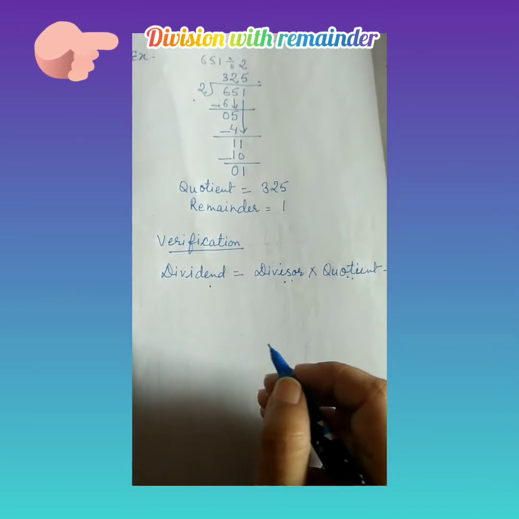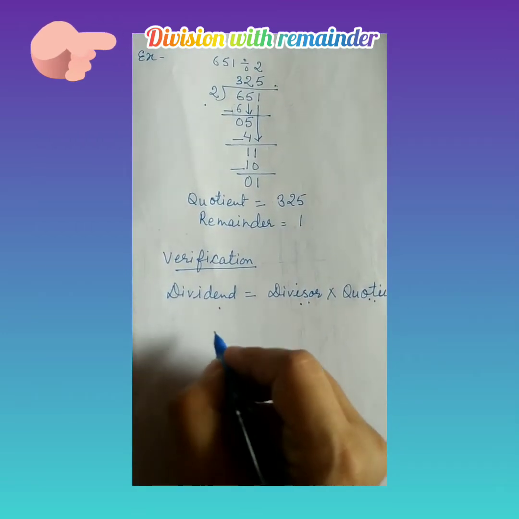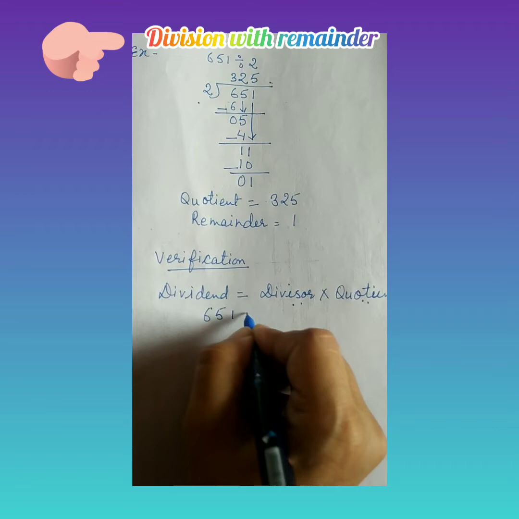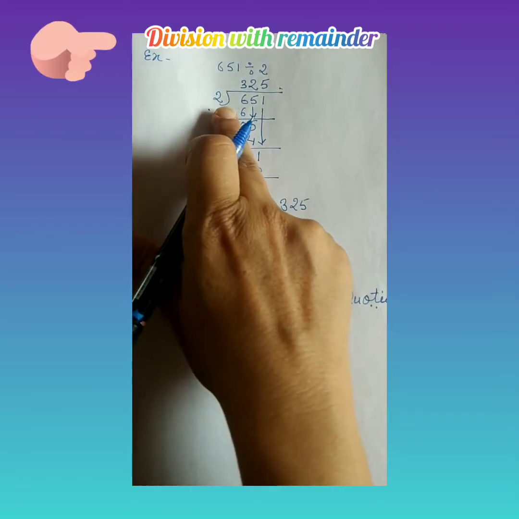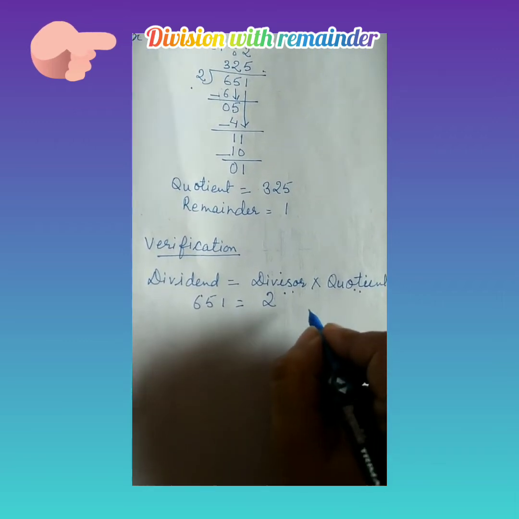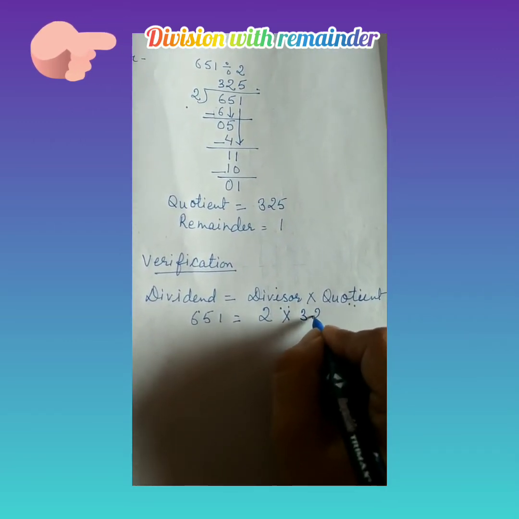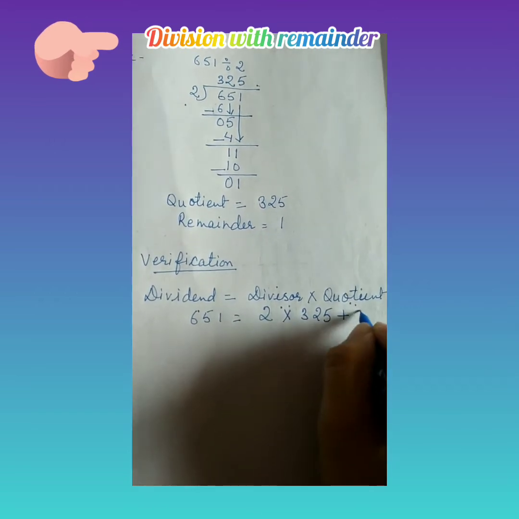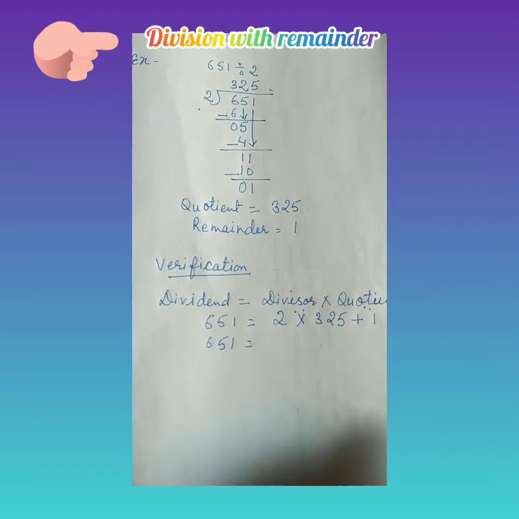So let's check. So what was the dividend in this question? It was 651. What was the divisor? 2, right? Here you can see the divisor, and the answer, that is quotient, we got is 325 plus remainder is equal to 1. So let's check whether we have done it right or not.